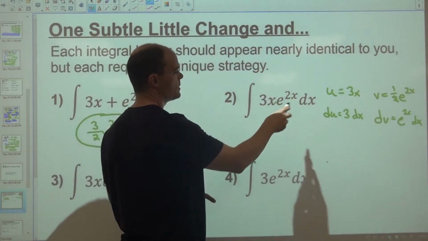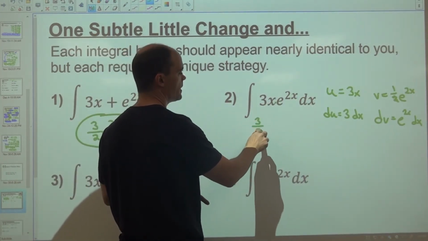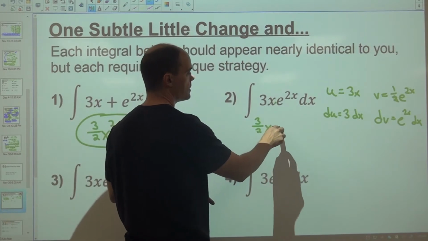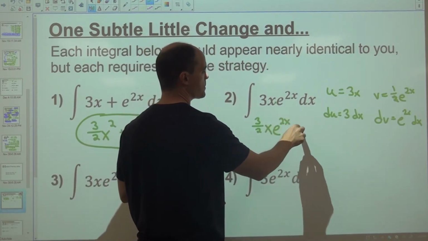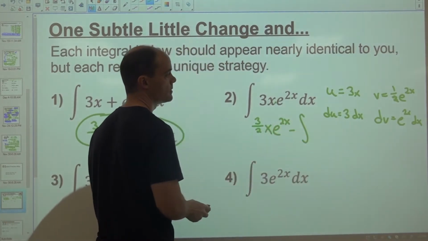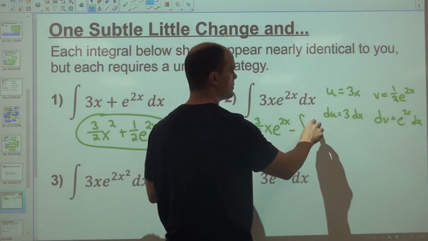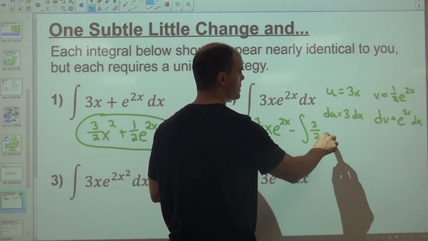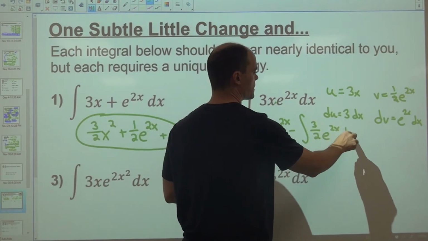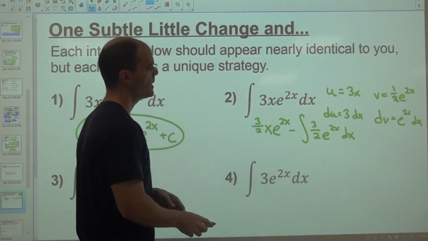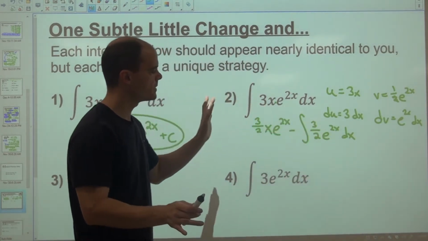So u times v is going to give me 3 halves x e to the 2x minus the antiderivative of v du, which is 3 halves e to the 2x dx. And that is a little baby chain rule, but I'm not going to set up a u sub here.